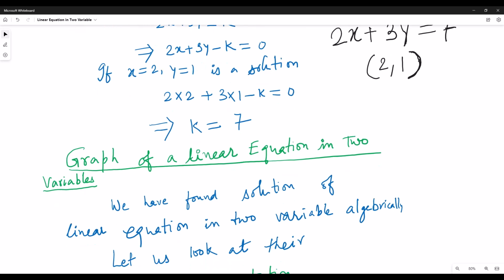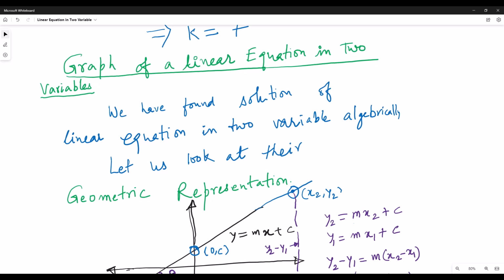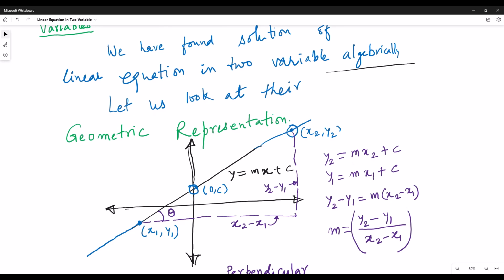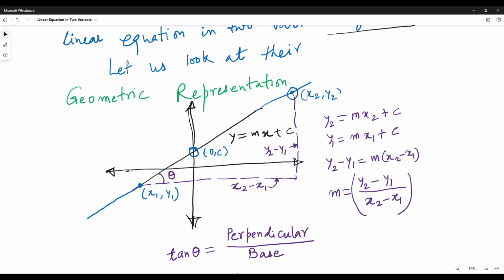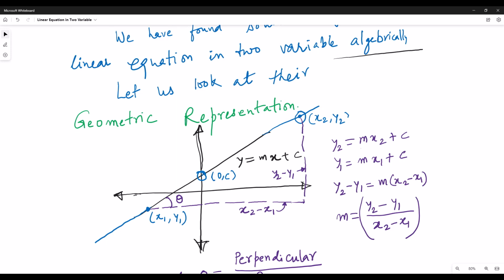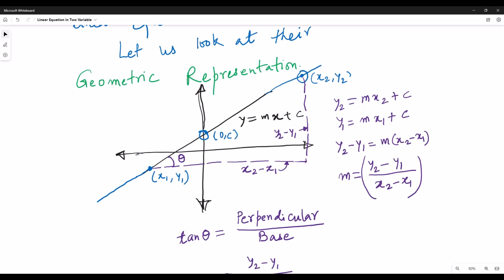Graph of a linear equation in two variables. We have found solutions of a linear equation in two variables algebraically. Let us look at their geometric representation. By putting different values of x, we have found the corresponding values of y, and these pairs of numbers, these roots, are infinite. So we will plot them to represent this linear equation geometrically.